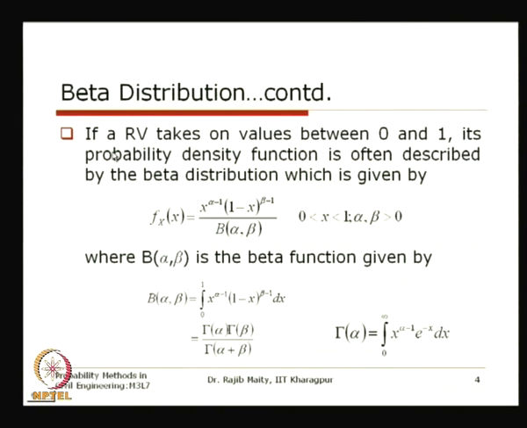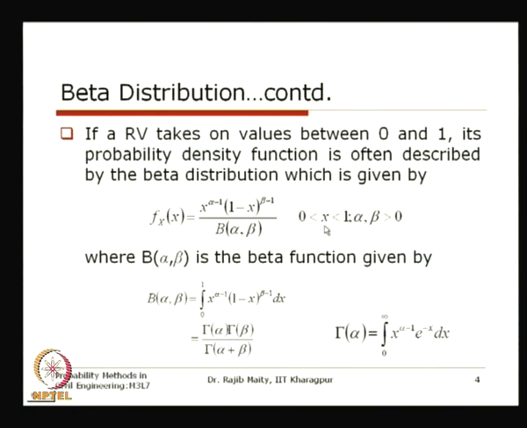Now, if the random variable takes on values between 0 and 1, its probability density function is described by the beta distribution, which is given by this form: f(x), the density function, is x power alpha minus 1 multiplied by 1 minus x power beta minus 1, divided by a function known as the beta function, which has the parameters alpha and beta.